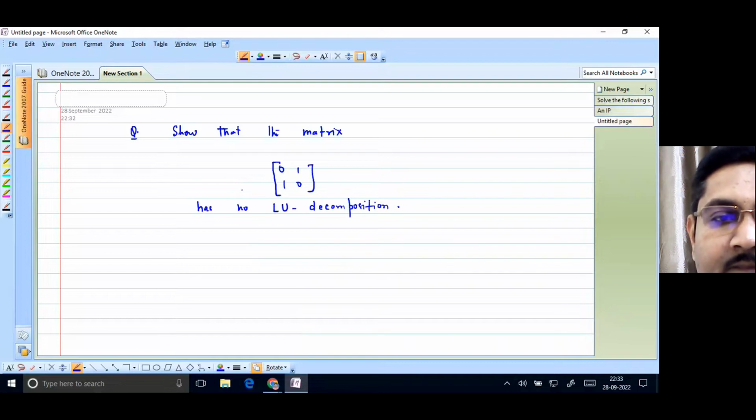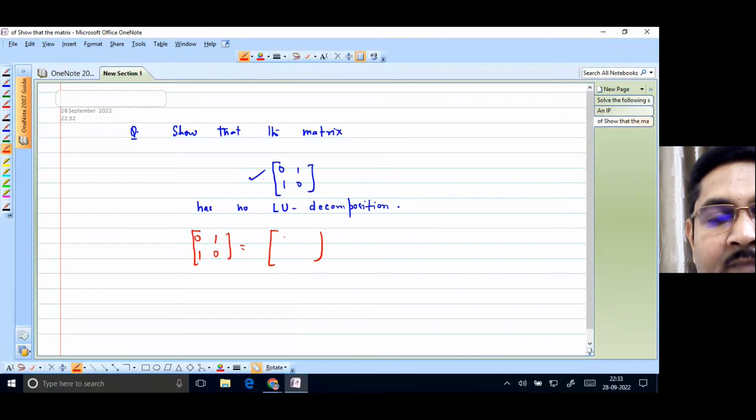So first of all, if you want to solve this, you write this as the product of L and U. I am writing 0 1 1 0 is equal to L times U. For L, I am taking 1, 1, ones on the diagonal. Above diagonal elements are 0, right?